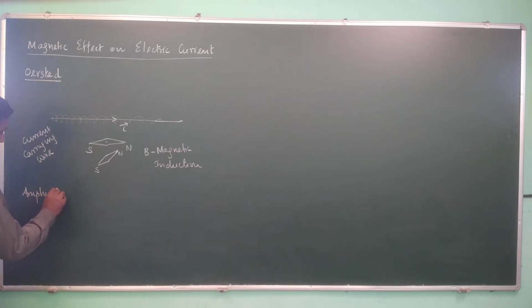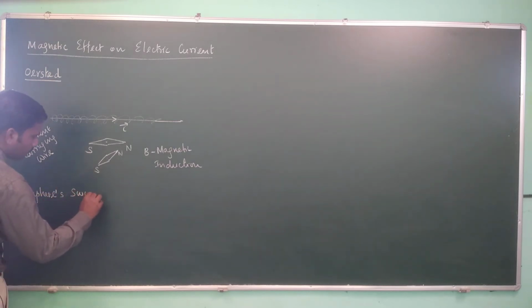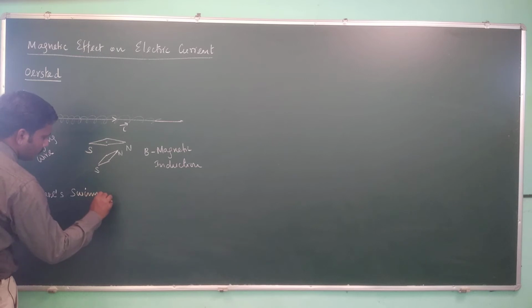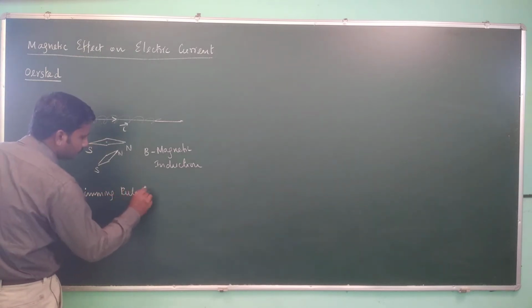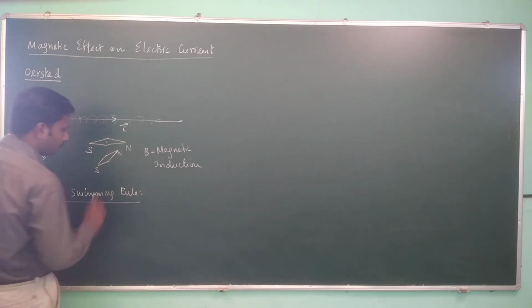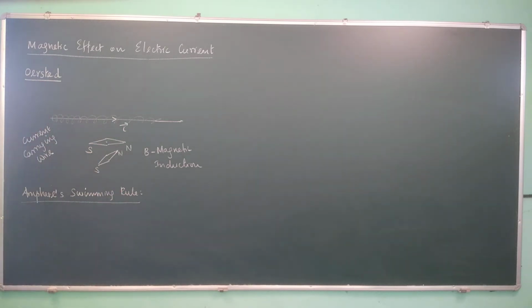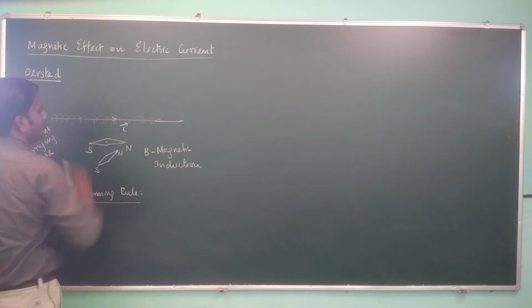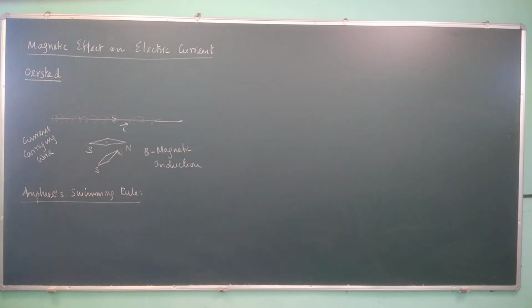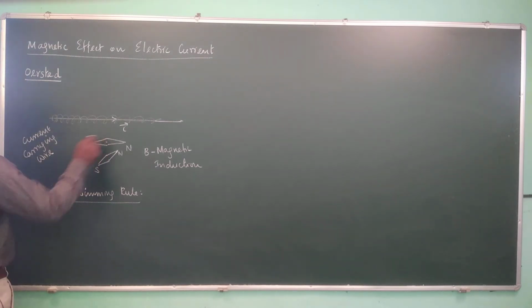Ampere's swimming rule. According to Ampere, this is the direction of the flow of the current in the current carrying conductor. Now this is the magnetic needle.